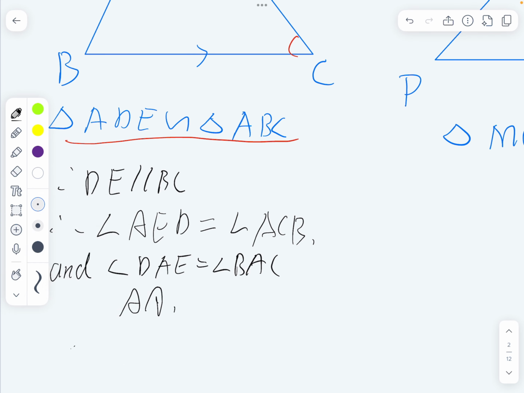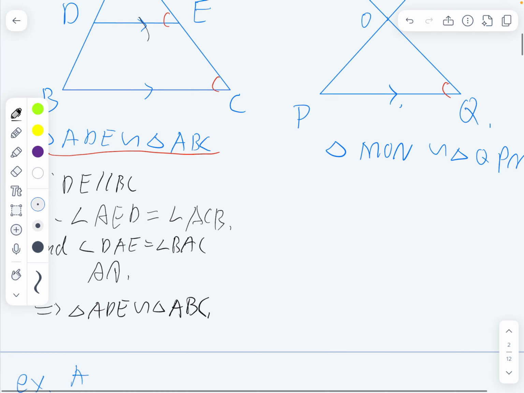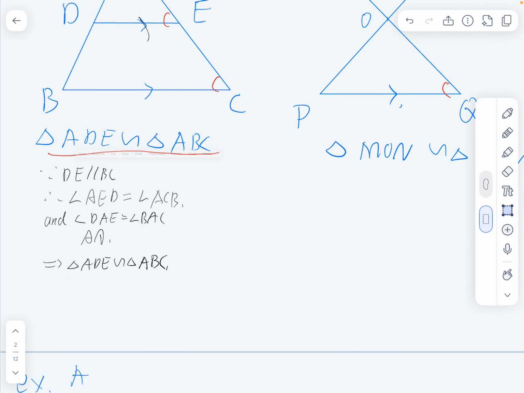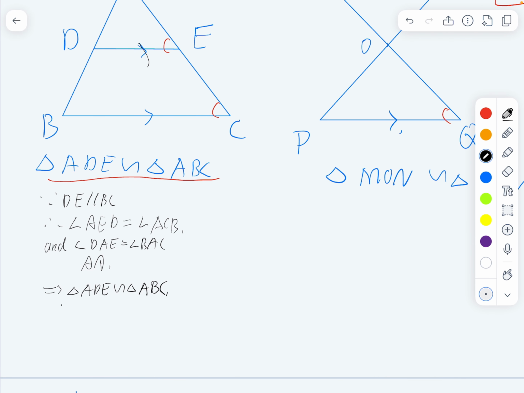So we can get triangle ADE similar to triangle ABC. We can also get some conclusions here, like AD over AB equal to AE over AC.